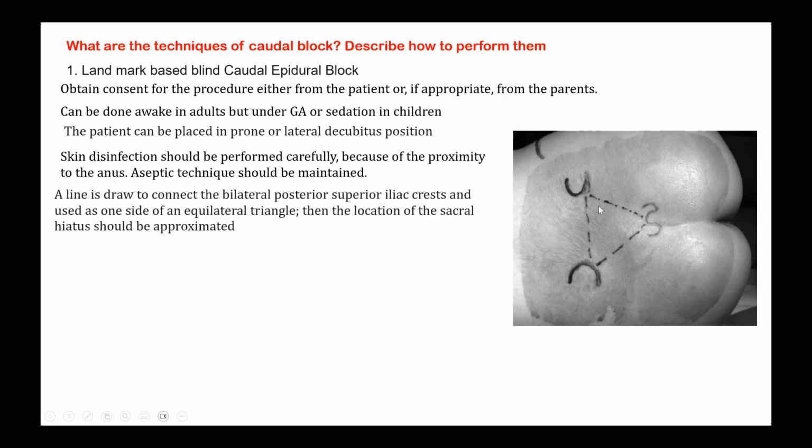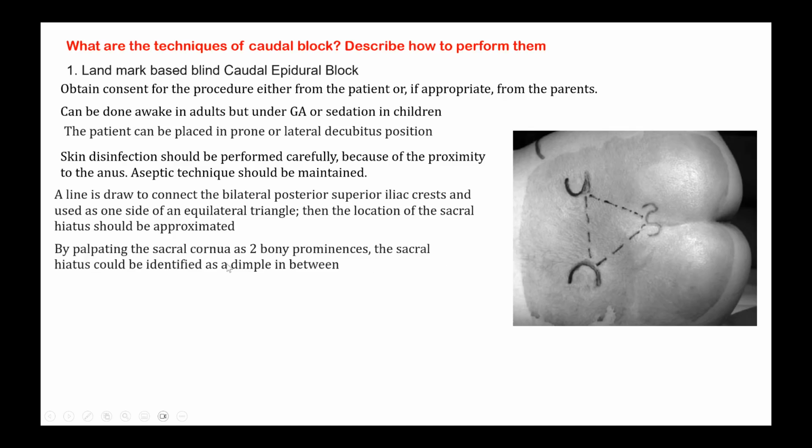Like this. These are the two posterior superior iliac spine bony prominences. First draw a dotted line like this. Then palpate the hiatus, which will be above the gluteal cleft, and connect them by another line. You get an equilateral triangle.